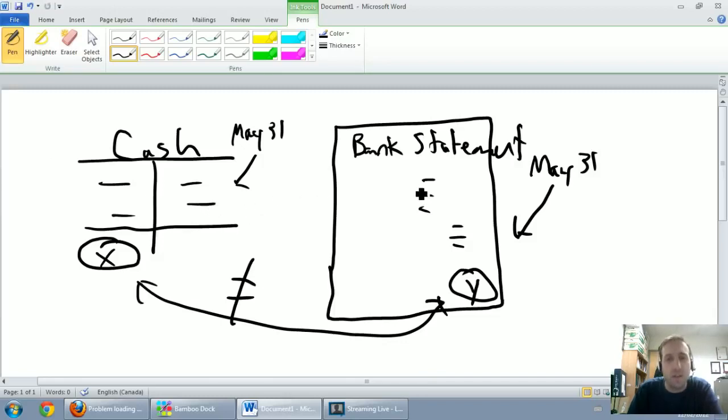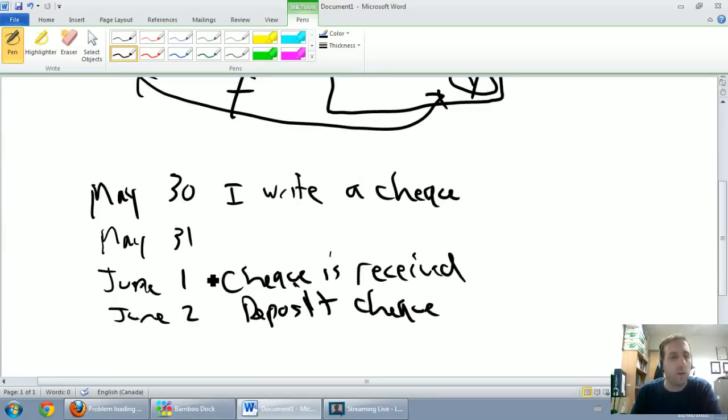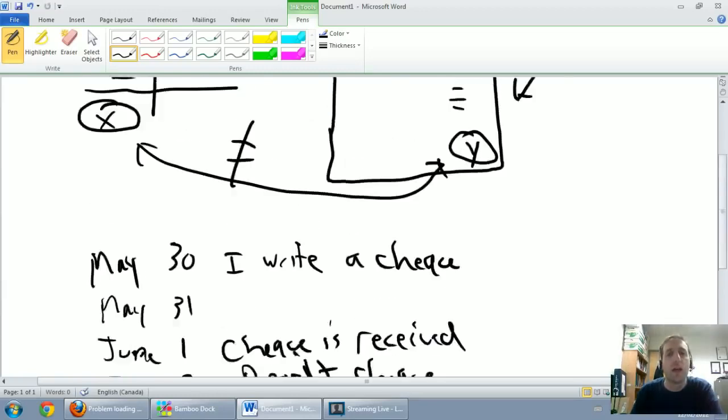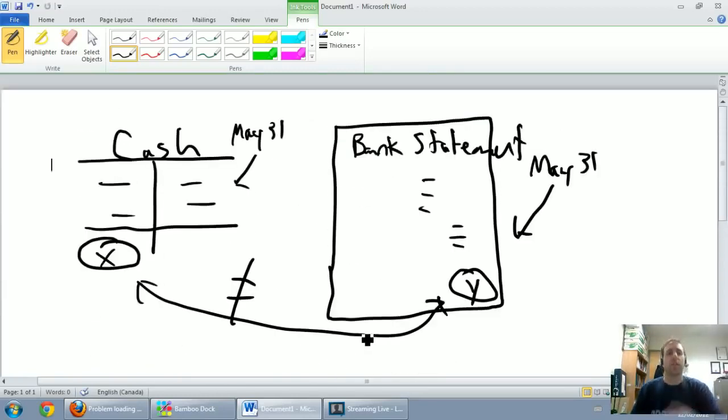On the bank statement, though, that $100 will not appear. The reason is the bank doesn't find out I wrote the check until June 2nd. They don't learn about the check until the next month. This is one reason that the cash T account might be different from the bank statement. This is called an outstanding check.